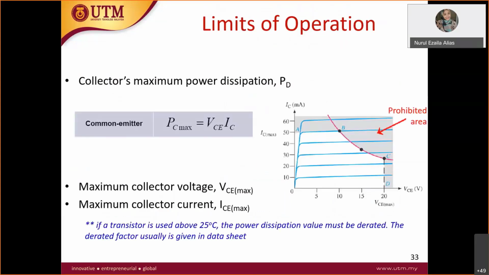When you have the input and output current, of course you can calculate the power dissipation. Power out is equal to IC times VCE at the output region. This is rarely asked, but of course you know power dissipation is equal to current times voltage at the output.